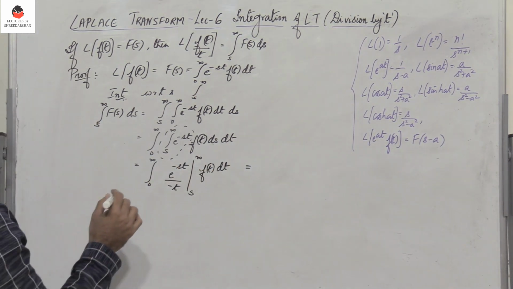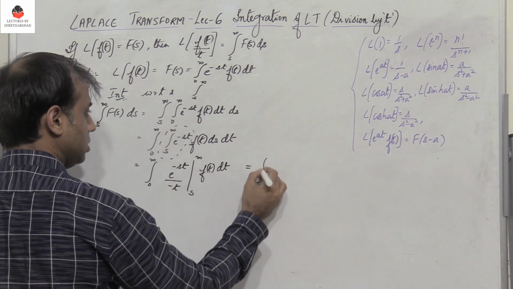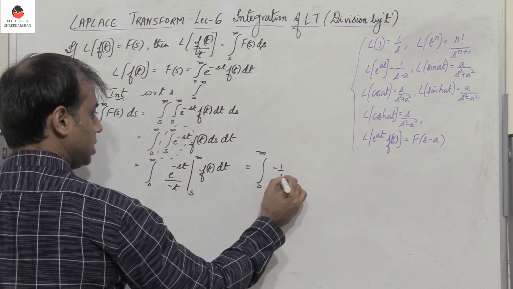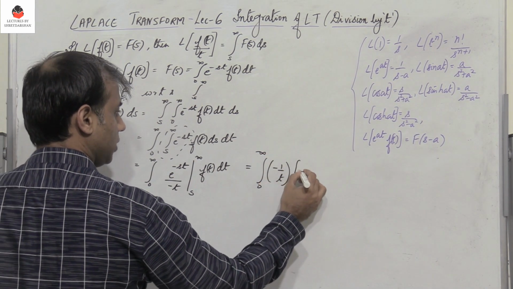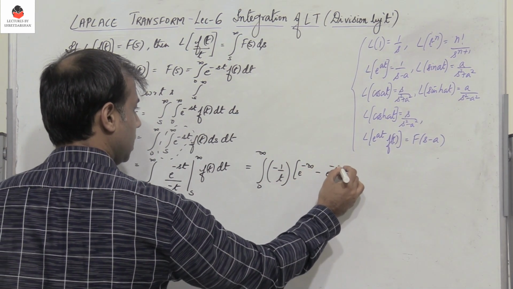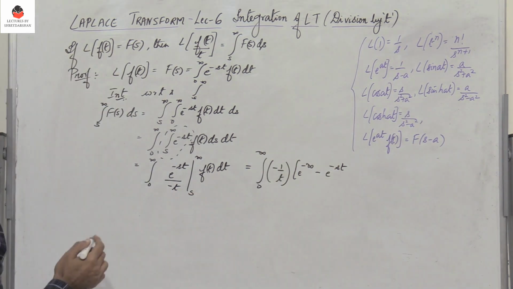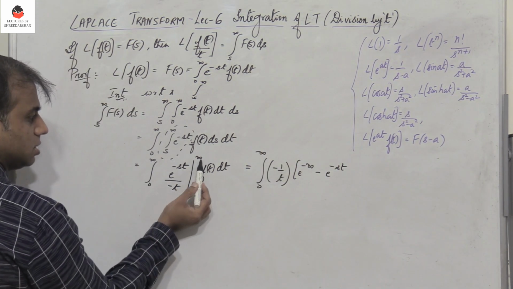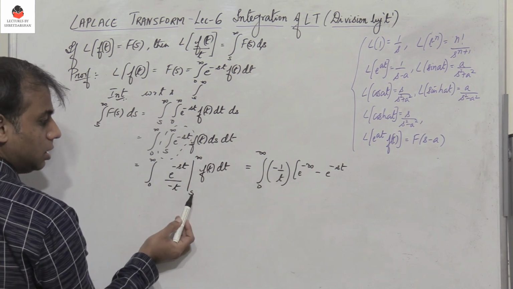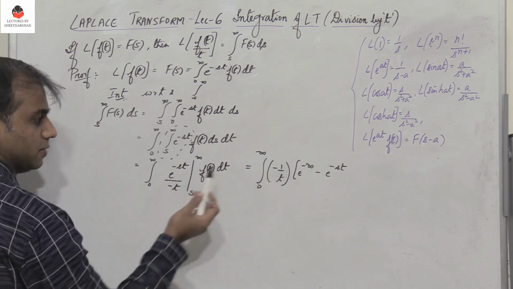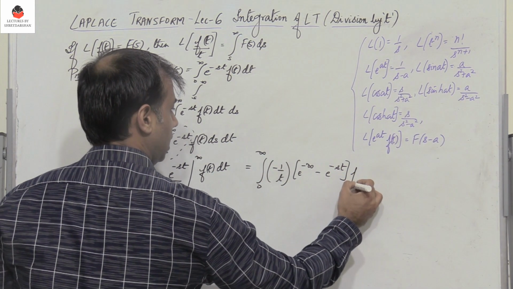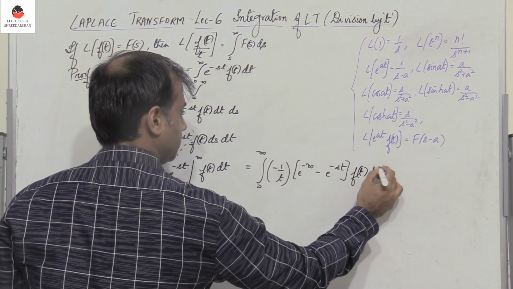So what happens here? So we have integral 0 to infinity, let me take minus 1 by t common, so you have e power minus infinity minus e power minus st, because here in the first case s is replaced by infinity, so it becomes e power minus infinity. The lower limit s is replaced by s itself, so it is e power minus s f of t dt.